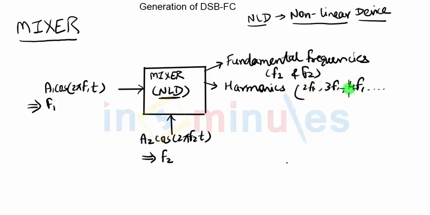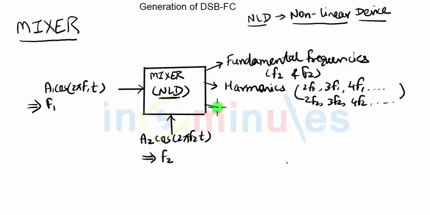These are the harmonics of f1. This is second harmonic, this is third harmonic, this is fourth harmonic, and there will be harmonics of f2 also. So we will have 2f2, 3f2, 4f2, so on and so forth. So the second set of frequencies is nothing but harmonics.